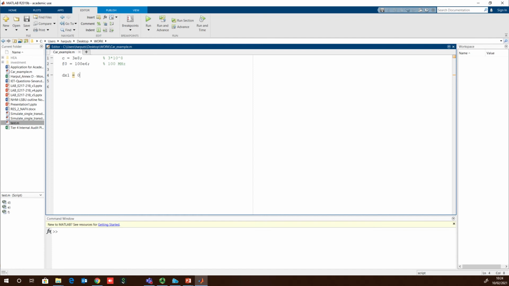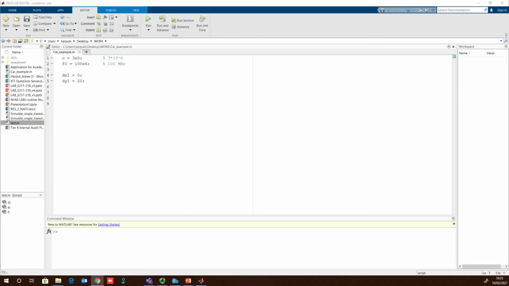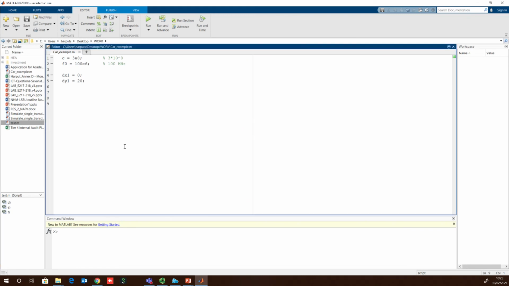And then now I'm going to write dy1 as 20 meters. I'm putting these semicolons at the end so MATLAB doesn't give me an echo. I'm going to do the same thing for the location of tx2. It's 50 and 40. Now I'm going to say dx2, the location of the second transmitter, which is 50. And then dy2, which was given as 40.